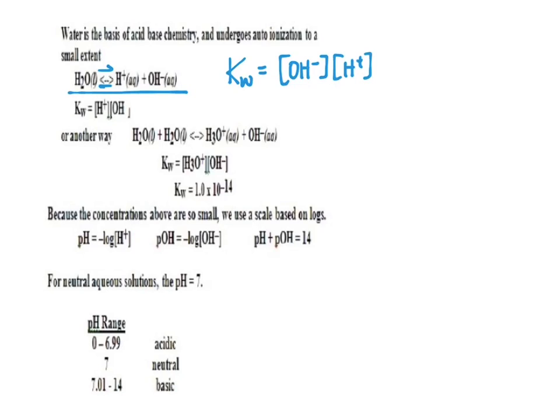When that happens, the OH minus concentration is 1 times 10 to the minus 7, and the H plus is 1 times 10 to the minus 7. So therefore, Kw will be 1 times 10 to the negative 14 for water.